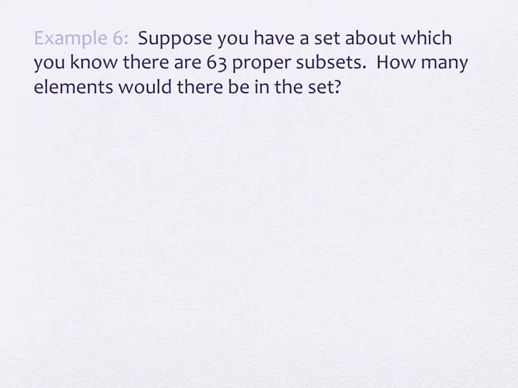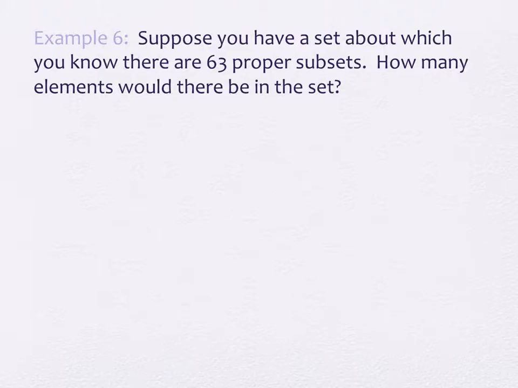All right. We're going to do another example that's a little bit backwards feeling. It says, suppose that you have a set, and what you know about the set is that it has 63 proper subsets. How many elements would there be in the set? So we don't know n. We're looking for n.